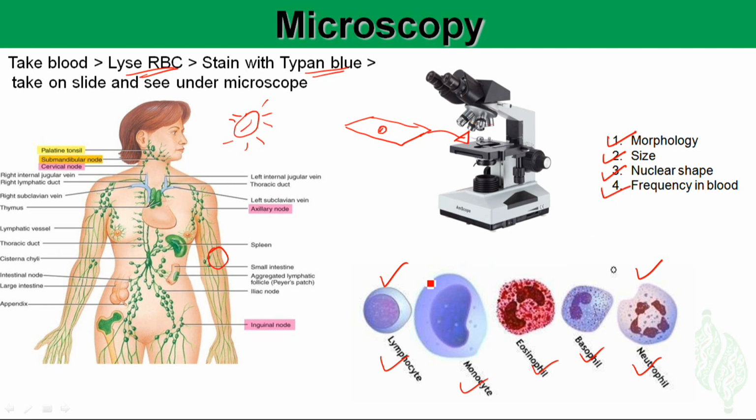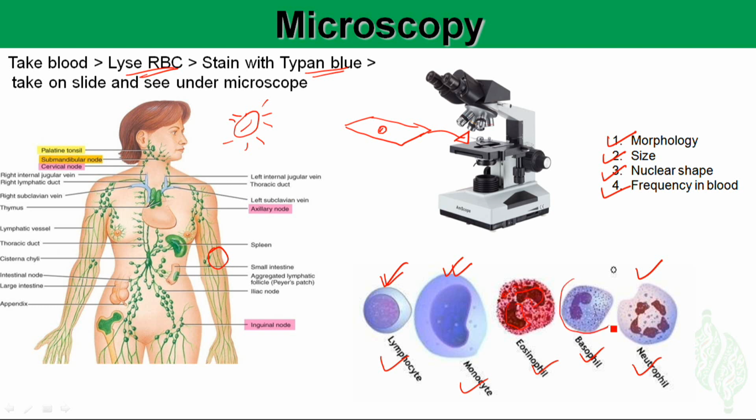Normally the lymphocyte has a bigger nucleus and a small size of the cell. Monocyte has a bigger size of cell. Eosinophil has the granule and the bilobed nucleus.